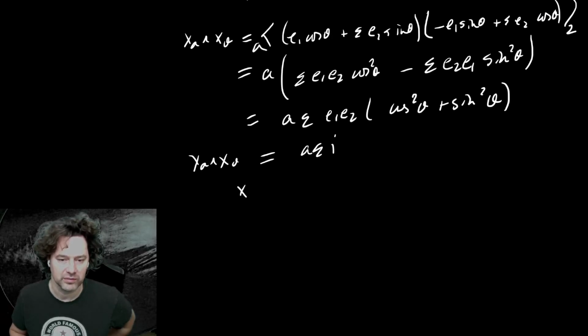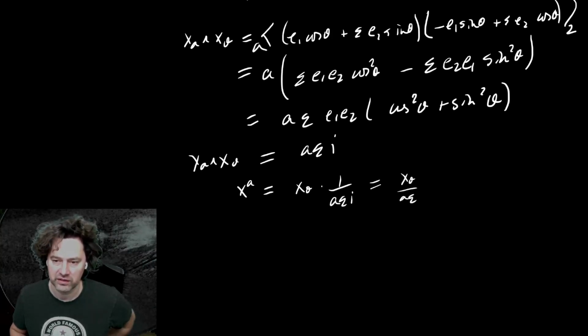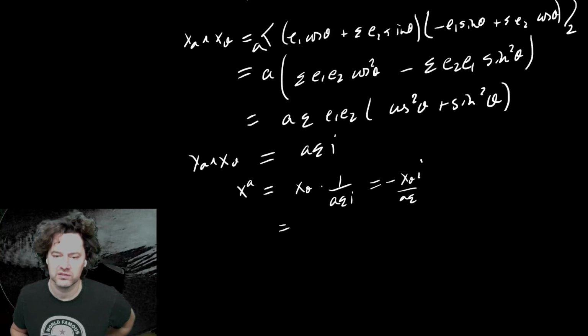So our x upper A is going to be x theta dotted with 1 over A epsilon I. And we can drop our dot product and just write that as x theta divided by A epsilon times minus I, which is minus 1 over A epsilon.